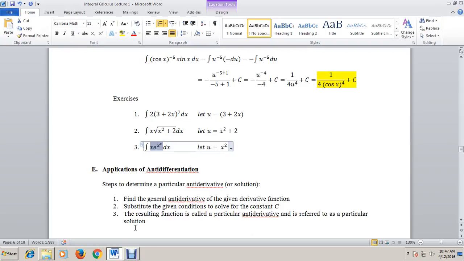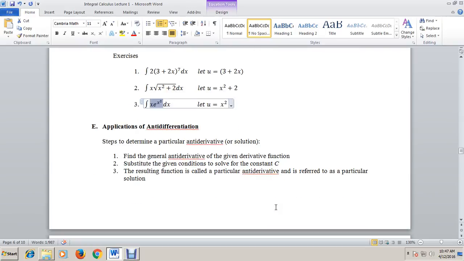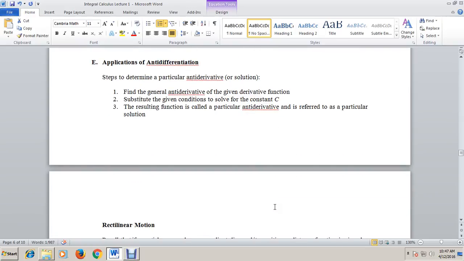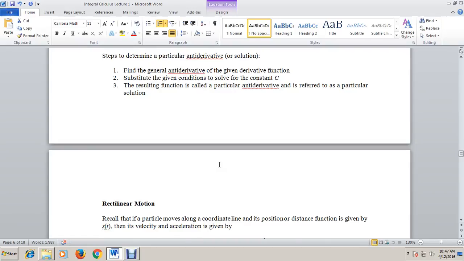So that is why in most applications we do not leave the constant c without any definite value. There should be a process of finding a particular value for c. So this would be shown in the succeeding examples.